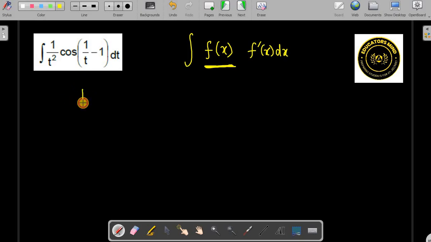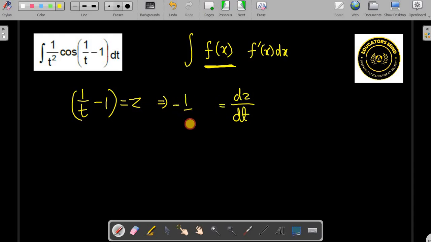For example, here when you put 1 by t minus 1 as z and differentiate with respect to t, 1 by t differentiation is minus 1 by t square, and differentiation of 1 is 0. So dt by t square can be written as minus dz.